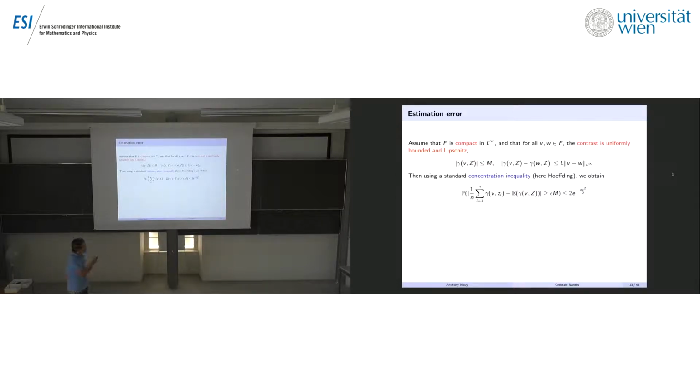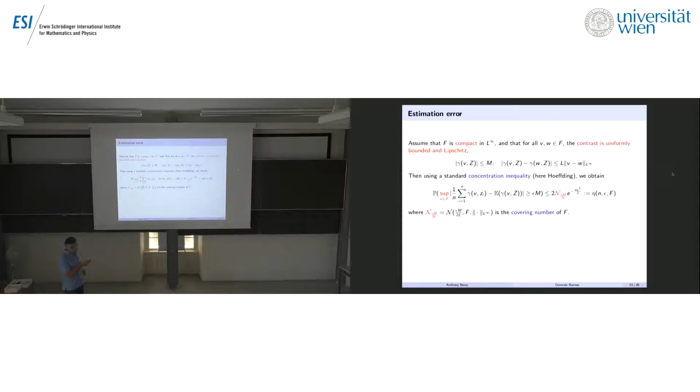A very standard concentration inequality, like Hoeffding, allows you to obtain a bound of the probability that this empirical mean deviates from the expectation by more than a certain epsilon m. And this bound is exponential with respect to the number of samples, n. Having this, and using the compactness of F and the Lipschitz continuity of the contrast, you obtain a uniform bound on the probability like this, where the supremum over F is inside the probability, as you see.